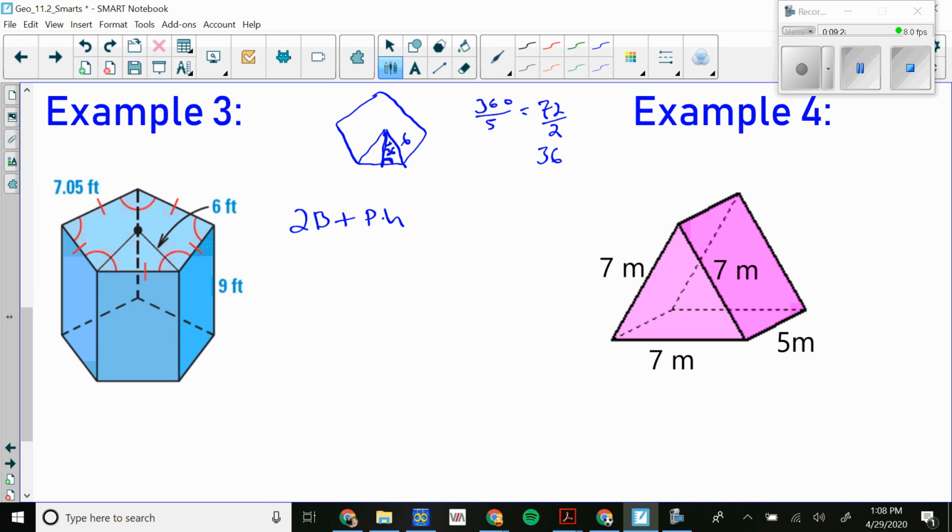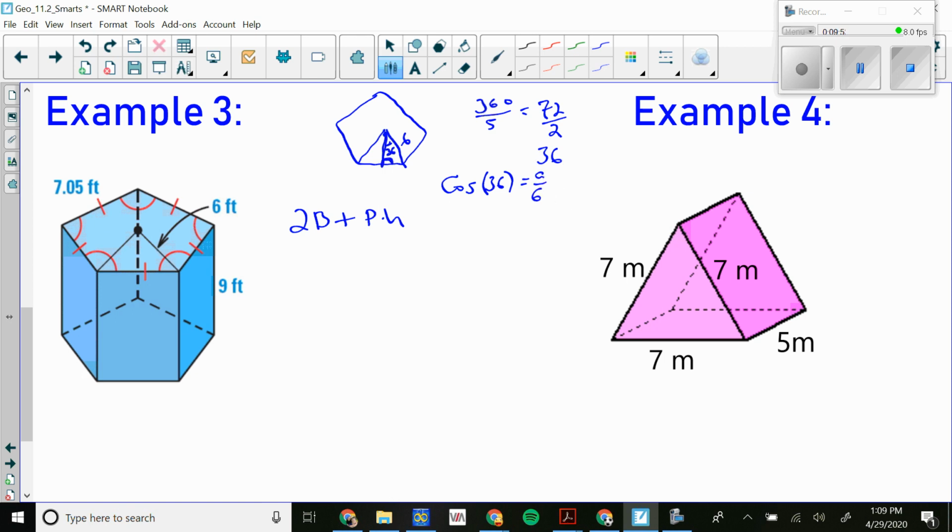This is 6. So to find the apothem, compared to this angle, I have the adjacent side and the hypotenuse. So that's going to be cosine. Cosine of 36 equals the apothem A, I'll call it, over 6. It's an A, not a 9.